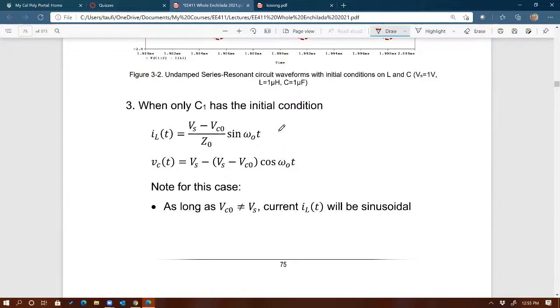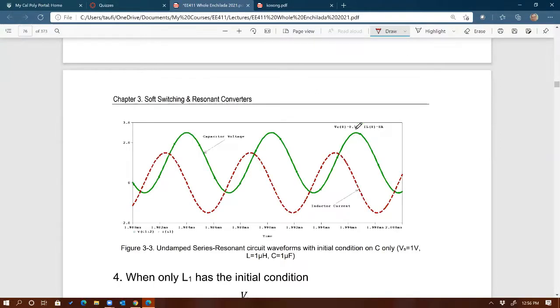If that's the case, equation number 2 reduces to IL of t, and you can see it is still a sine wave. And VC of t reduces to that equation right there. Still a sine wave, right? And here's the proof. So you have VC initial condition 0.5, IL 0, both are still sine waves.